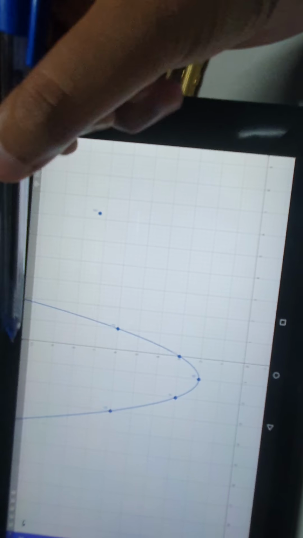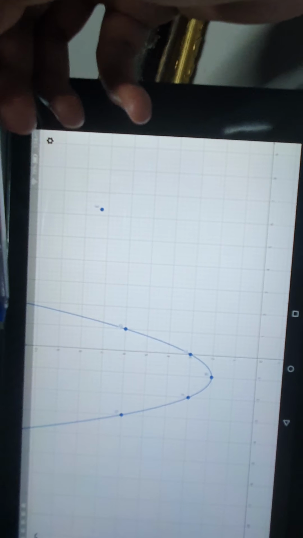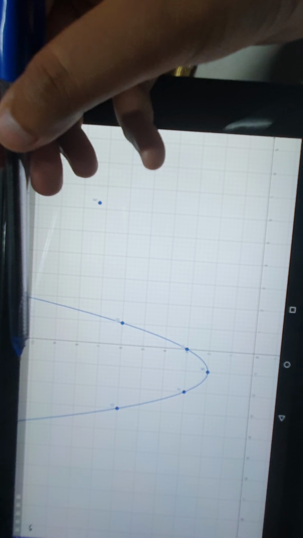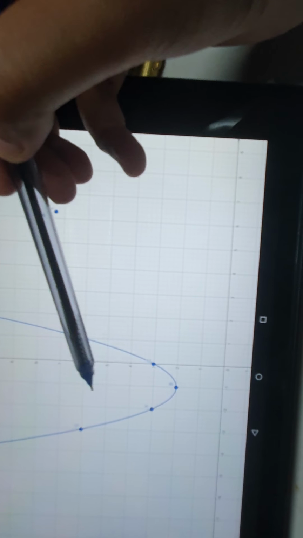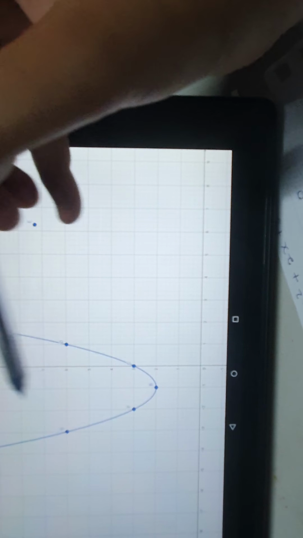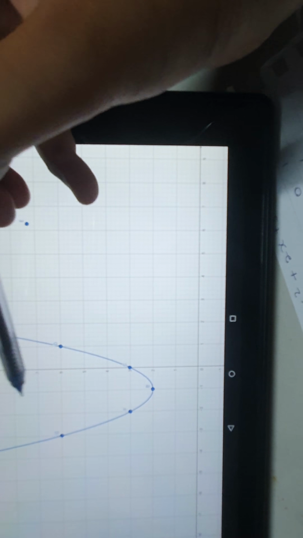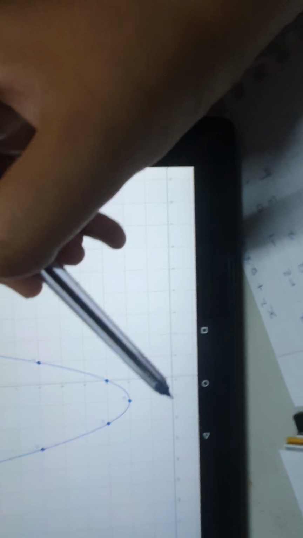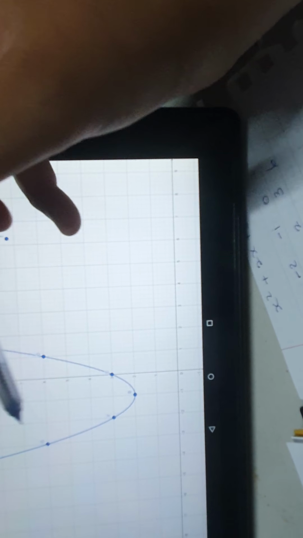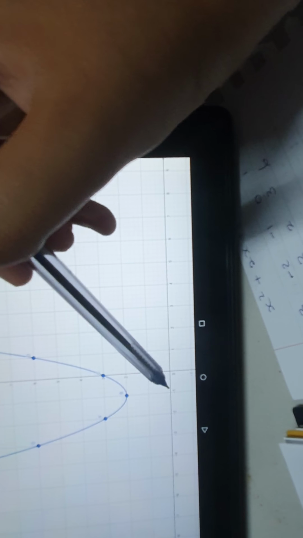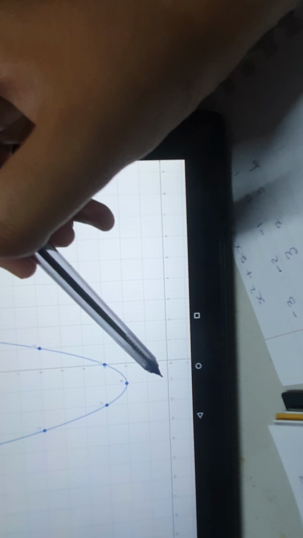So if you have to fold this so that it folds directly in the middle, that would be a line going down here. So it will be the line x, so this one will be the x number. x is equal to negative 1. So the axis of symmetry is x is equal to negative 1.